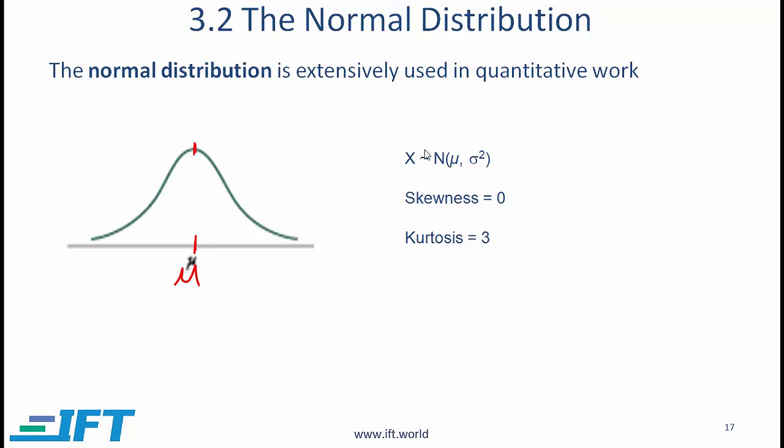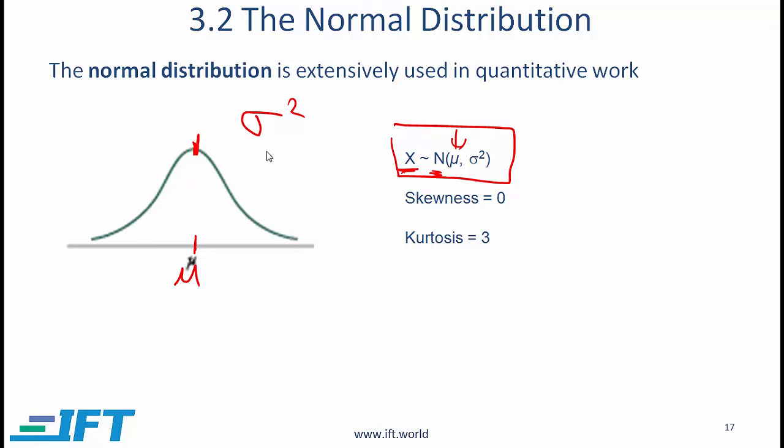A normal distribution is denoted using these symbols. So x is the random variable, n stands for the fact that this is a normal distribution. Any normal distribution can be defined based on the mean value or mu and the variance of that normal distribution.